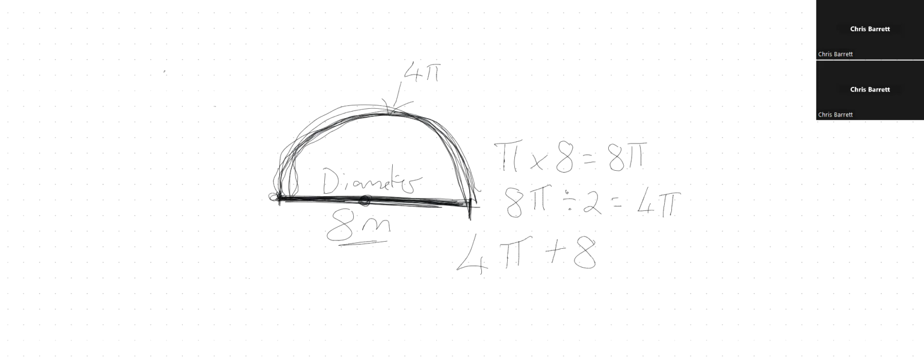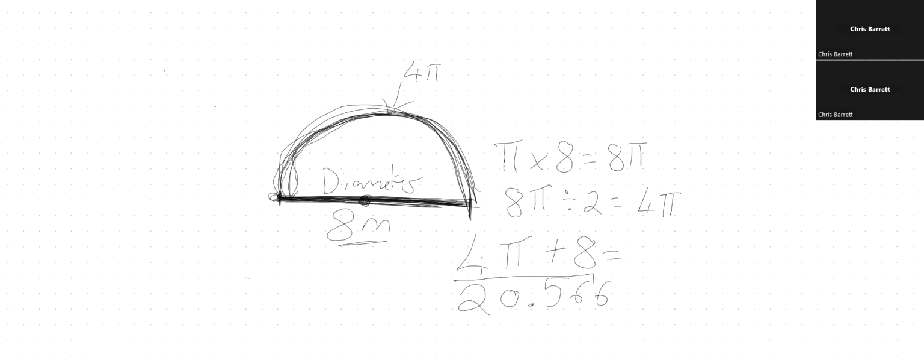I've not turned anything into a decimal until this point because it saves me rounding each time. So I've got 4 multiplied by pi, and then I'm going to add 8 to that. It gives me an answer of 20.566, and I'm going to round it to 2 decimal places.